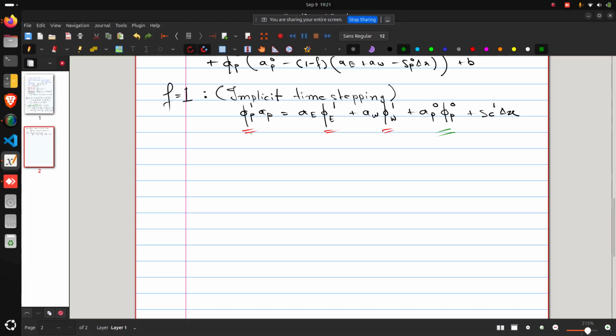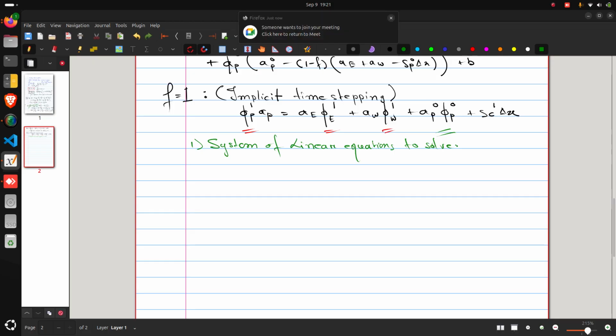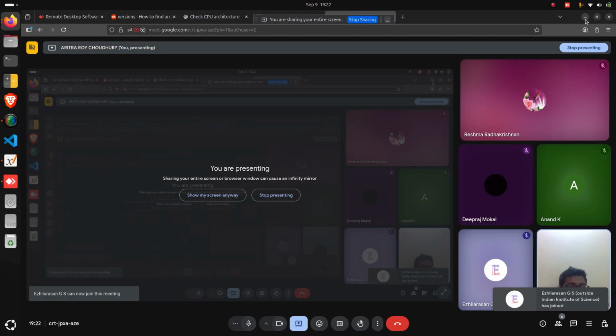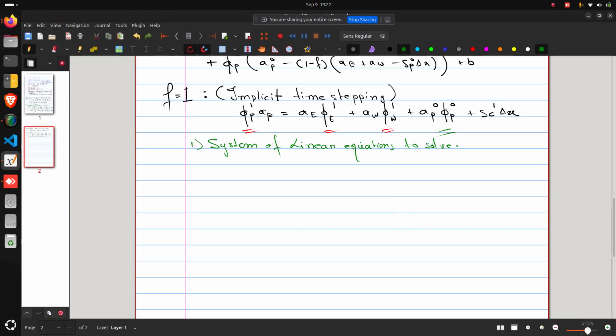So what do we see now? That we are left with a system of linear equations to solve, right?